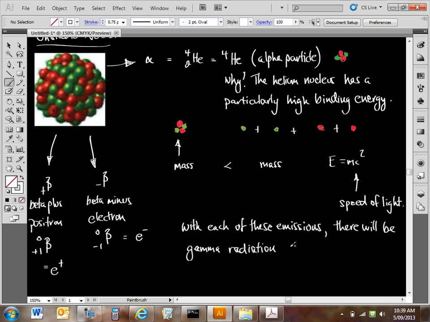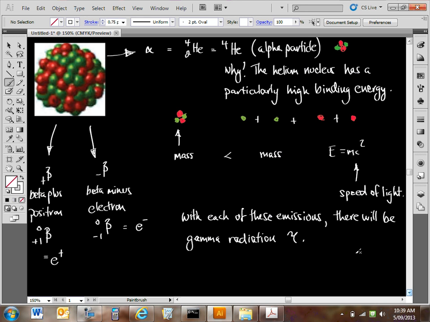Electromagnetic radiation or light has the symbol, the funny Y thing, gamma. Particularly high energy. Energy approximately in the millions of electron volts.